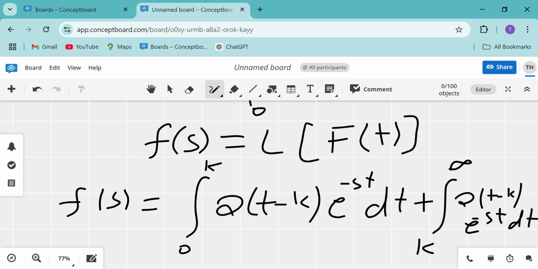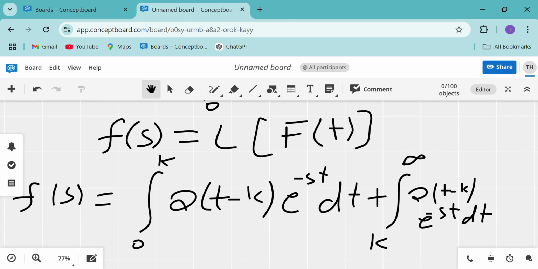This is our Laplace transformation of our given function.